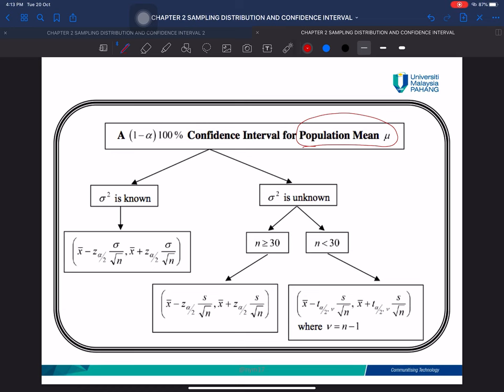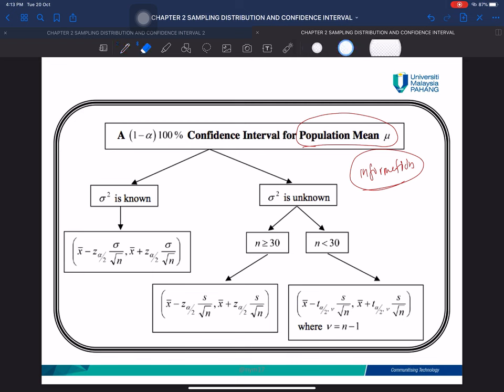If it is not clearly mentioned, how do we know that we need to estimate mu? It is based on the information given, and what we can calculate from that.